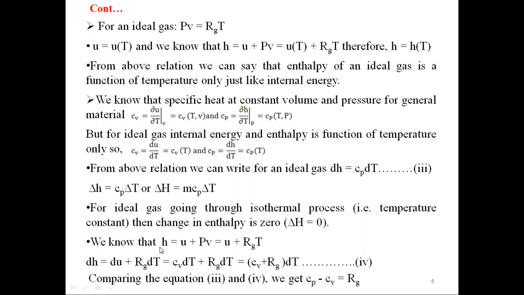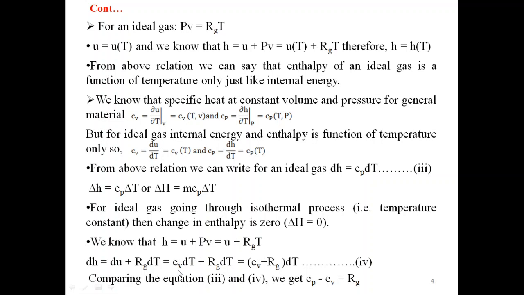We know that H is equal to U plus PV, or we can say U plus RGT, as we can replace PV with RGT. So we can say a small change in enthalpy is equal to a small change in internal energy plus Rg times a small change in temperature.